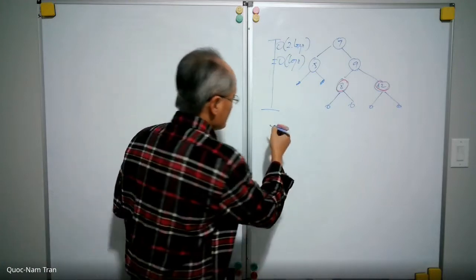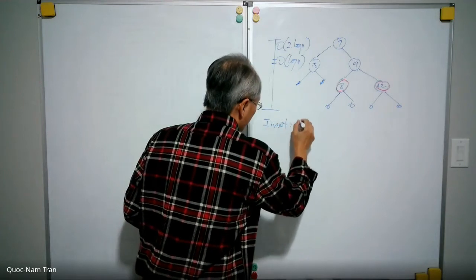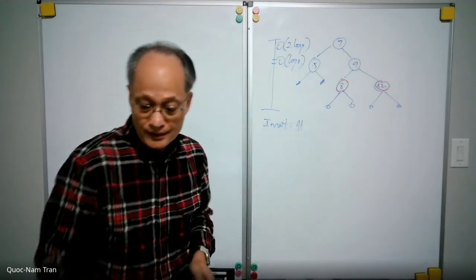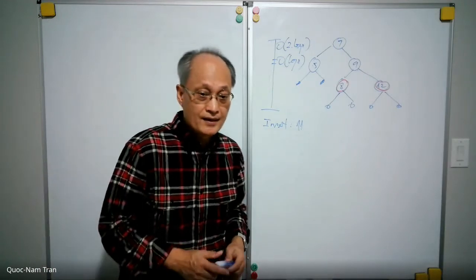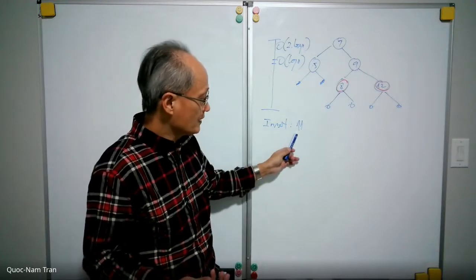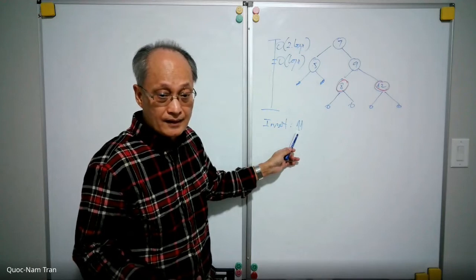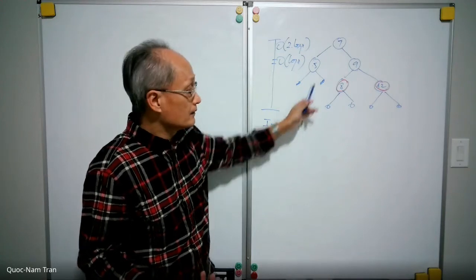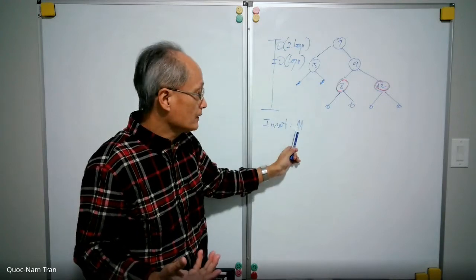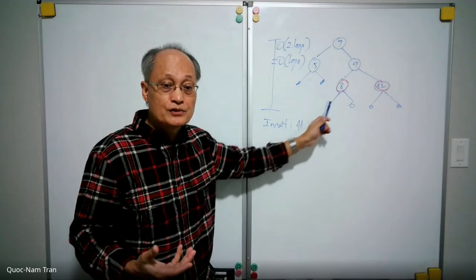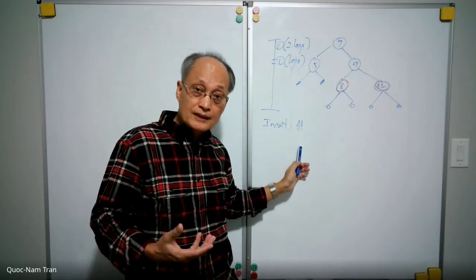So the idea here is that we want to insert 11 into this. How can I insert 11 into this? What should I do first? Remember that a red-black tree is a binary search tree, right? So in order to insert 11 into this tree, I have to find a place where I will insert 11.